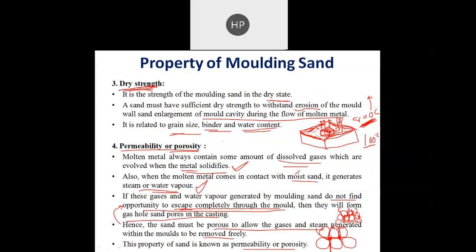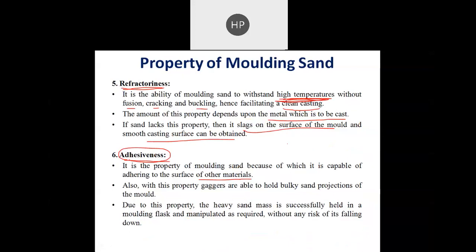If the sand does not have adhesiveness, then the sand will not stick very well with the molding box, and the mold may be destroyed when you turn it around. So that's why it is the property of the sand which is capable of adhering the surface of the sand with the other material.